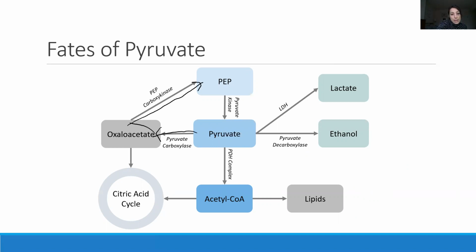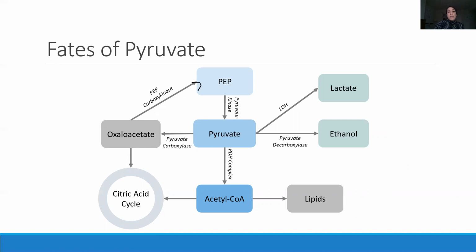The first stage of this oxaloacetate is important because oxaloacetate can also be funneled into the citric acid cycle, and we will see it in the citric acid cycle. So this is one potential fate, another potential fate of pyruvate, to make oxaloacetate or to fully cycle back into PEP through gluconeogenesis.